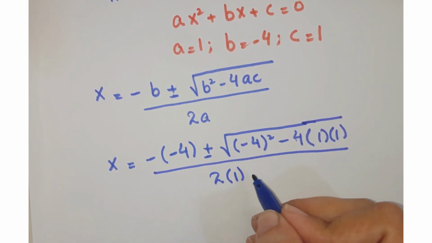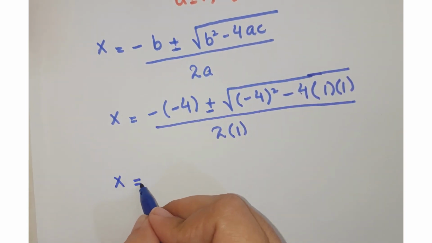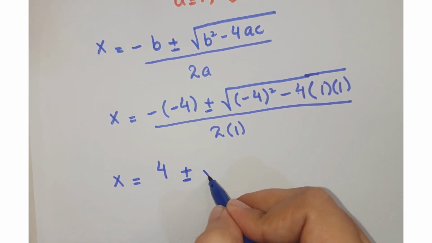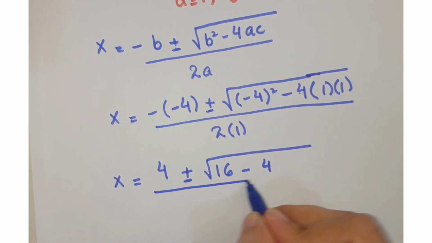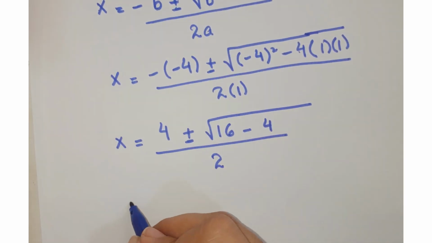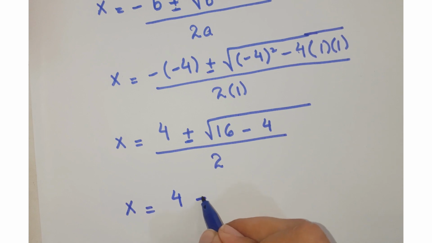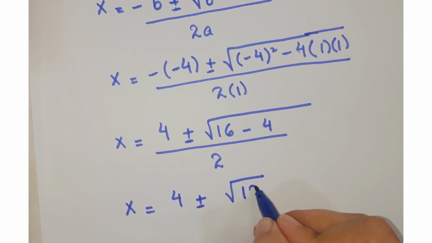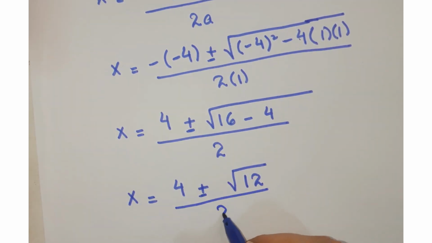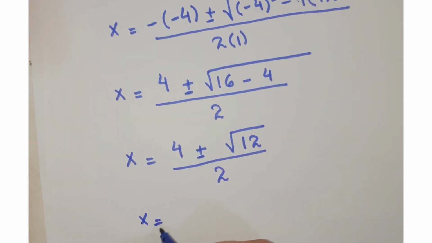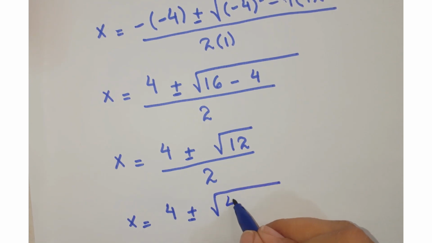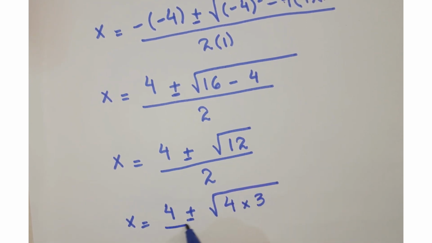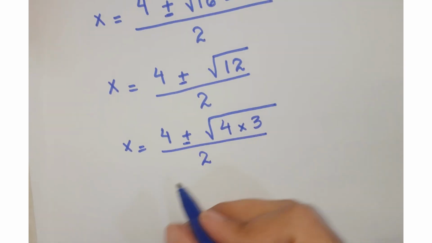Upon 2 into 1. So we have x is equal to 4 plus minus, this is 16 minus 4, upon 2. Further, x is equal to 4 plus minus under root 12, upon 2, or x is equal to 4 plus minus, this 12 can be written as 4 into 3, upon 2.